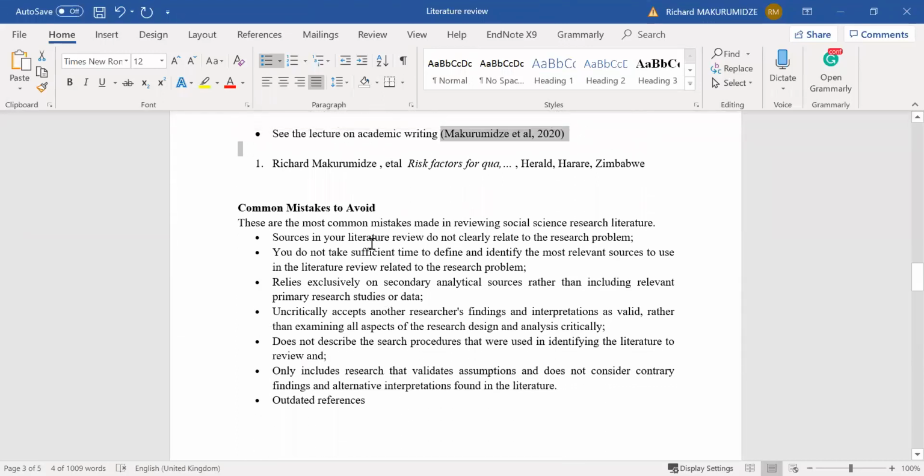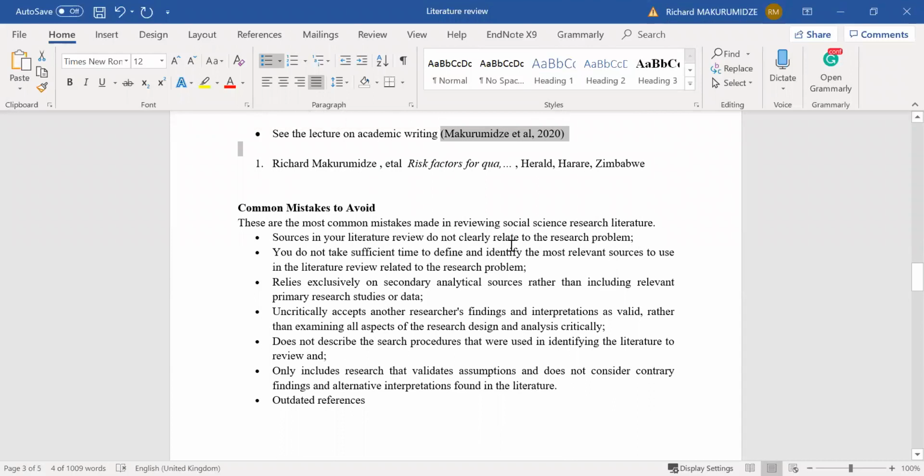What are the common mistakes you need to avoid when you're writing a literature review? Sources in a literature review do not clearly relate to the research problem. This is very common. Your topic is about quarantine centers, but what you are citing is not relevant.